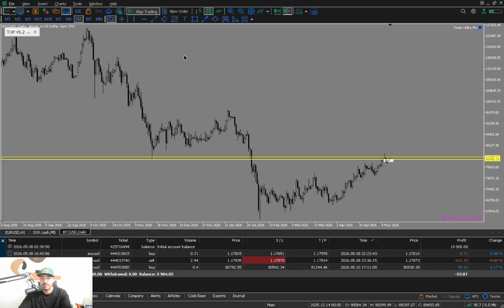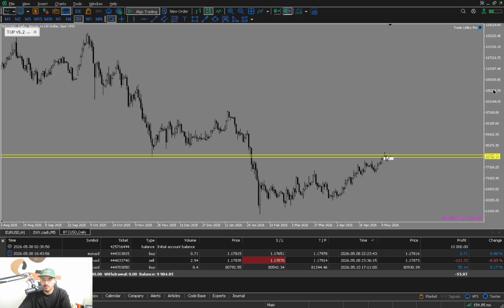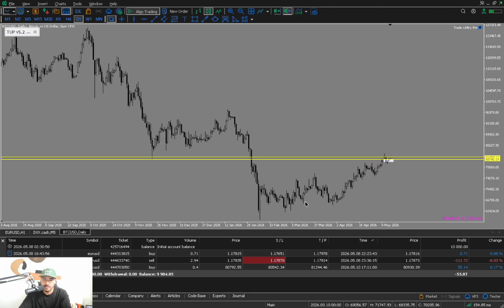So again, the first thing that I did was go to the daily to find my bias. Immediately off the rip, I see that there was a bearish movement of Bitcoin since the end of last year, and the beginning of this year, it's starting to pick up, and it has had some indications showing that there's a new trend.